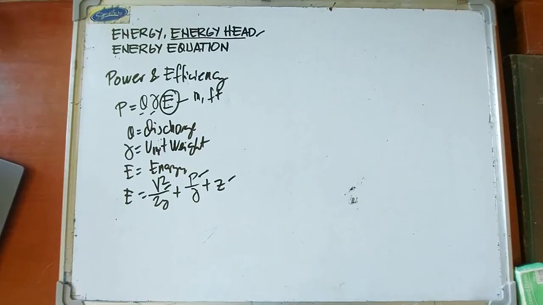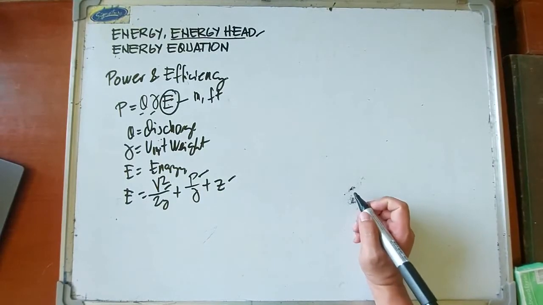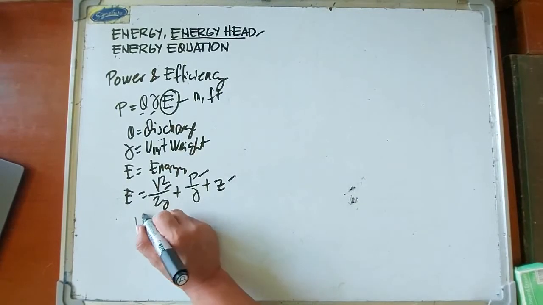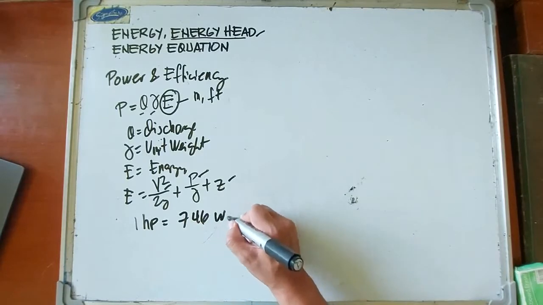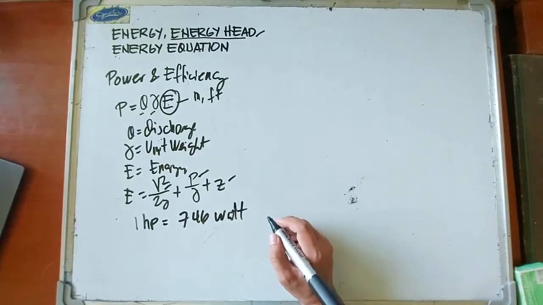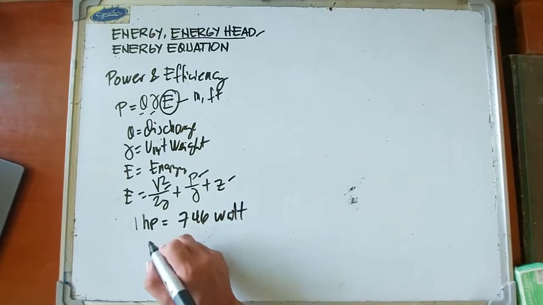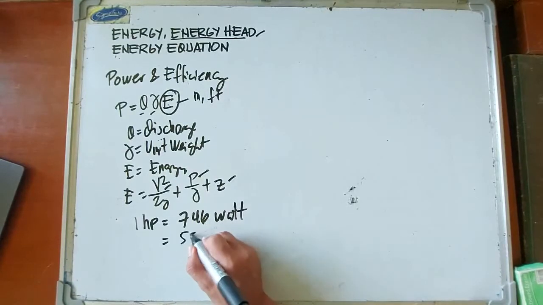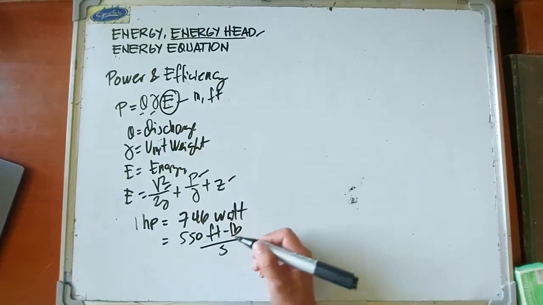So that's power. By the way, let's review the units for power: horsepower, watt, kilowatt. 1 horsepower, HP for short, is equivalent to 746 watts. And 1 horsepower is also equal to 550 foot-pound per second.